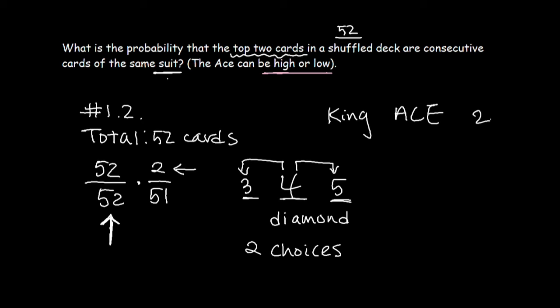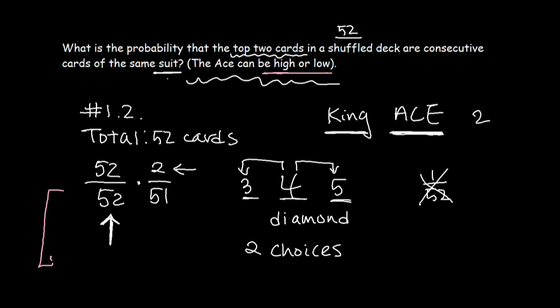That's why it gave you here the ace can be high or low. If you think about ace, you might think, hey, there's really nothing that comes before ace, so it will just be 1 over 52. No, because king comes before ace. So king is considered to be consecutive to number 1 or the ace card. So your final answer will be this simple expression.